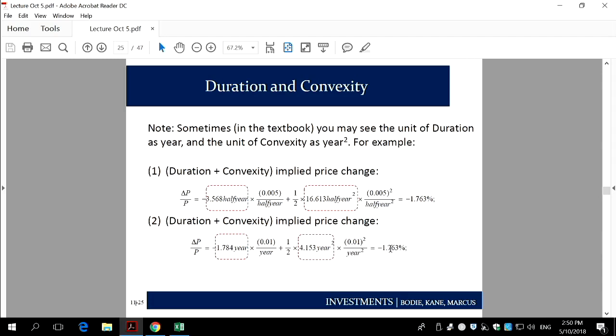Some textbooks prefer to use year as the unit, but some other textbooks use half a year as the unit. In our course, we use half a year as our unit, okay? If you see something different, very likely it just comes from that unit choice.